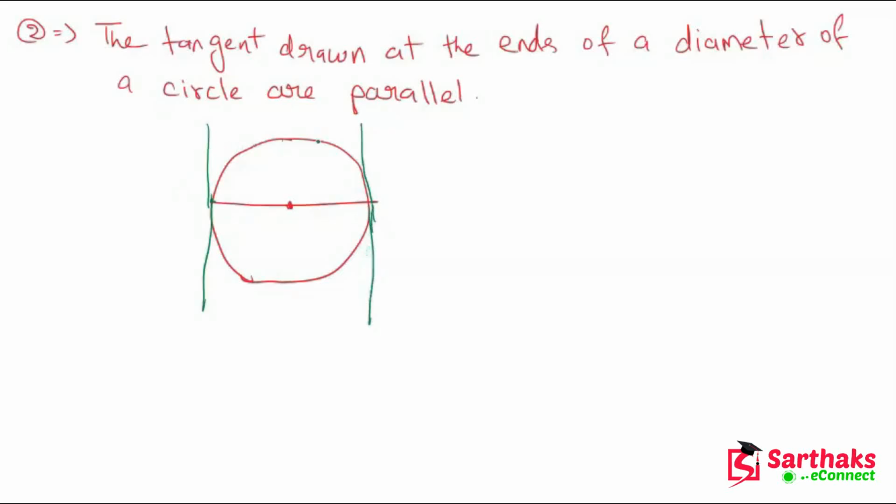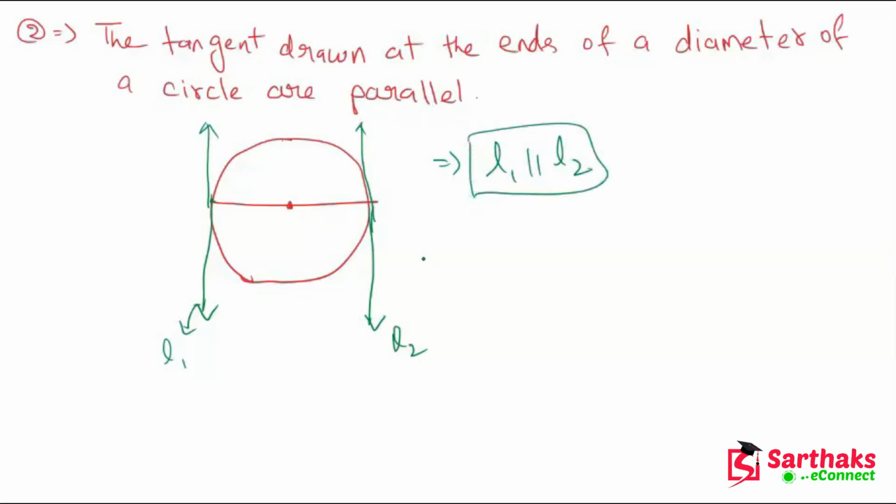So these tangents are parallel to each other. Let's suppose we name them L1 and L2. So we can say that L1 is parallel to L2. Okay, so my dear friends, I hope you understand these things.